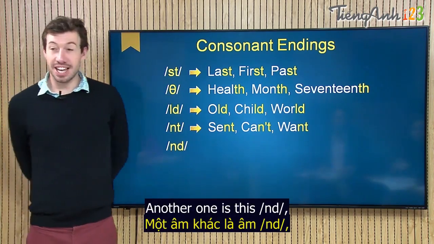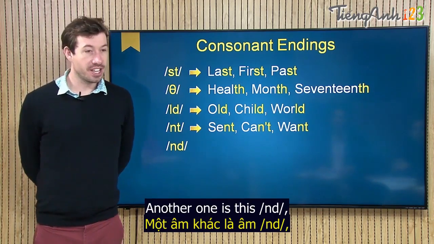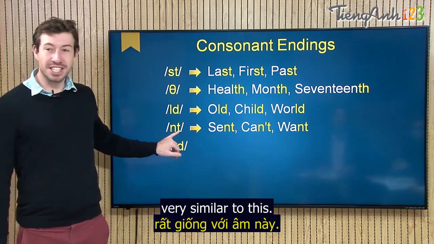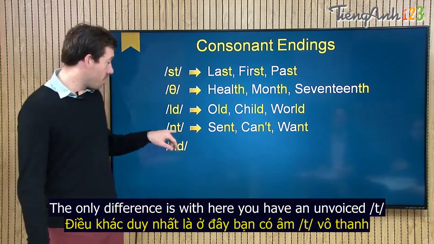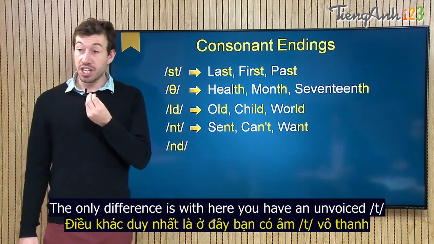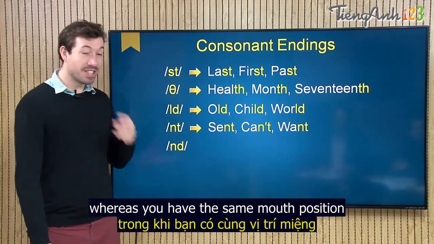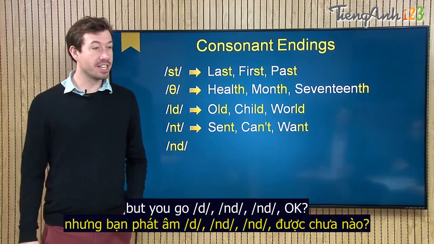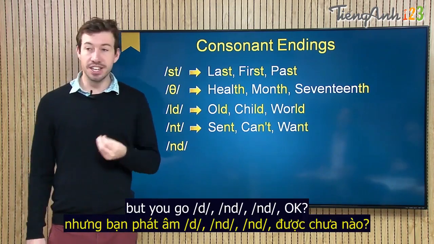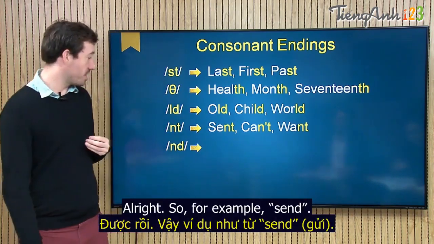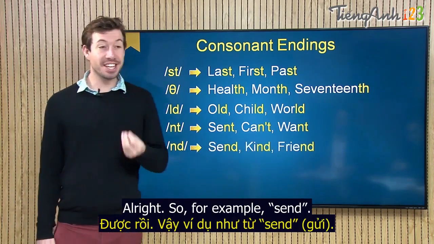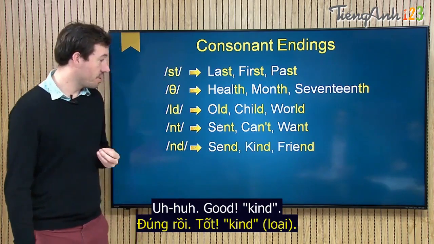Another one is this nd. Very similar to this. The only difference is here you have an unvoiced t, whereas you have the same mouth position, but you go d, nd, nd. So, for example, send. Good. Kind.